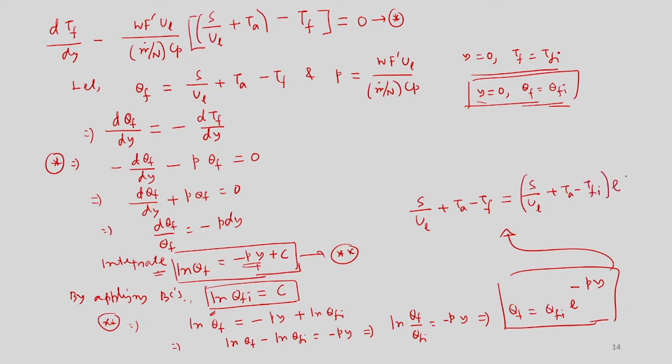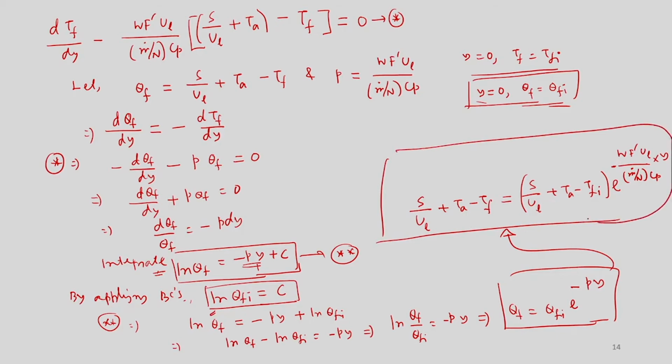And then e to the power of p will be minus W f U L by m by n into C p into y. So this minus is here. Okay. So our expression will be something like this, right.